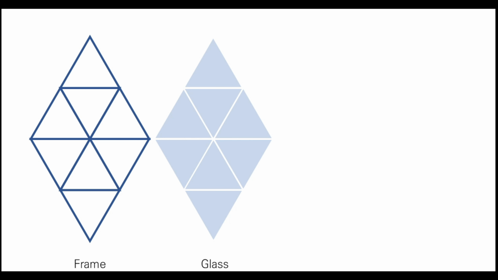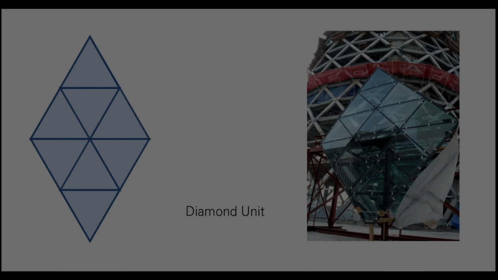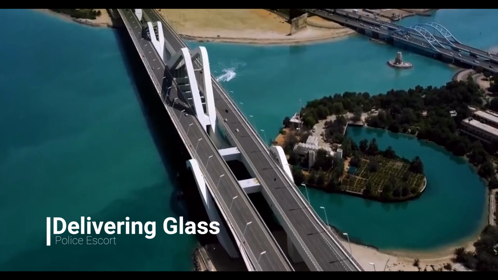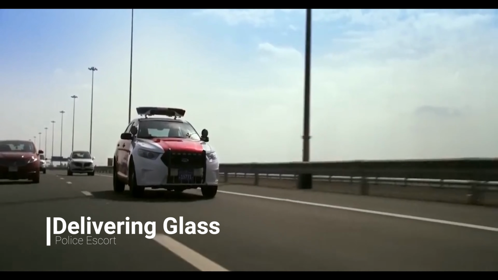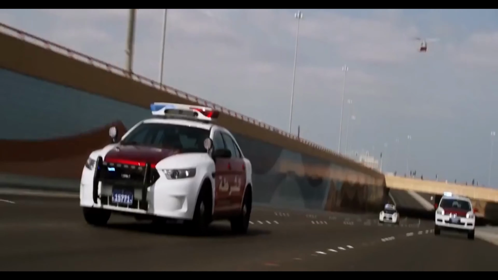Now, the glass and frames were combined here, and finally, a diamond-shaped window was made. The delivery required the closure of 3 lanes of the northbound Coast Road motorway running from Musaffah to Abu Dhabi with a police escort. This was such an important job and required high caution.